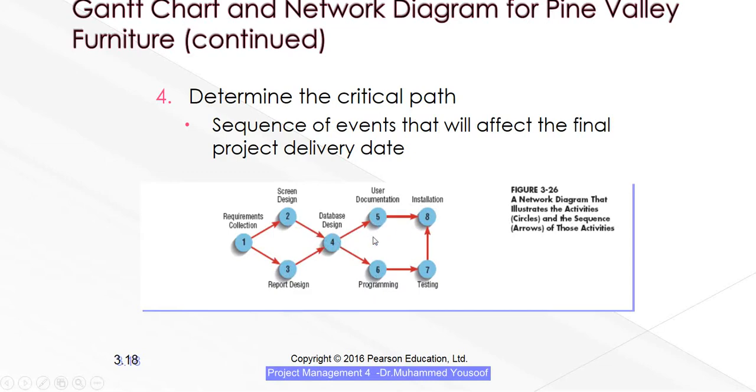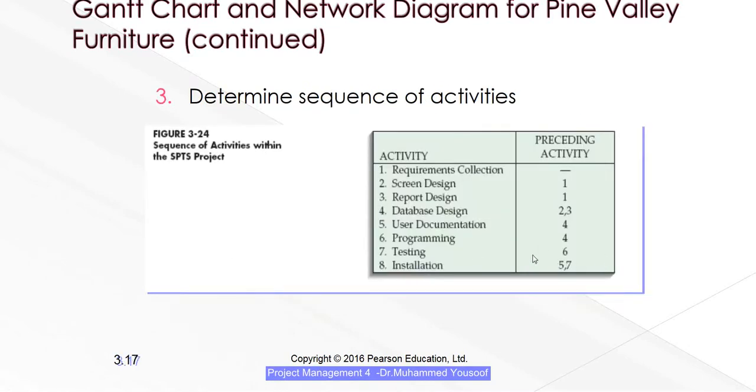Now 5 is programming, then you are going to do testing. You can see the previous one. Programming is done. Testing is depending on what? Programming. Testing is depending on programming. Installation depends on 5 and 7.